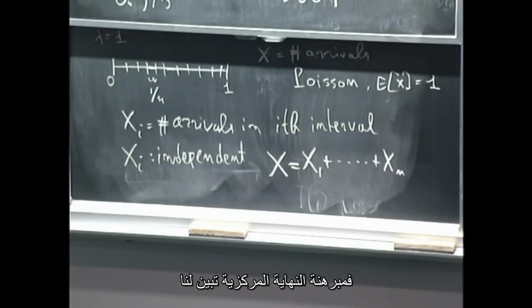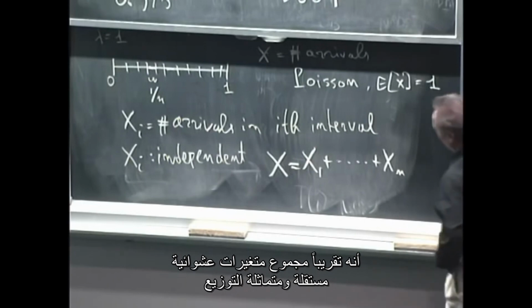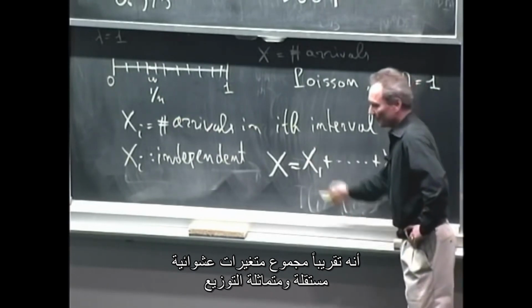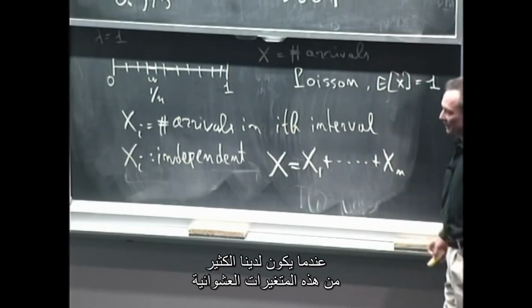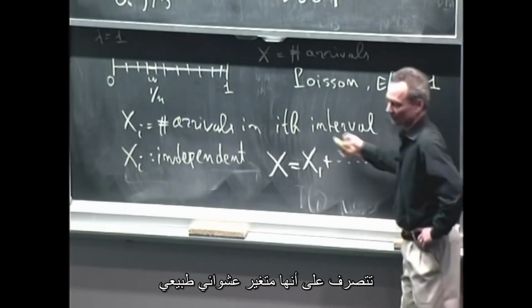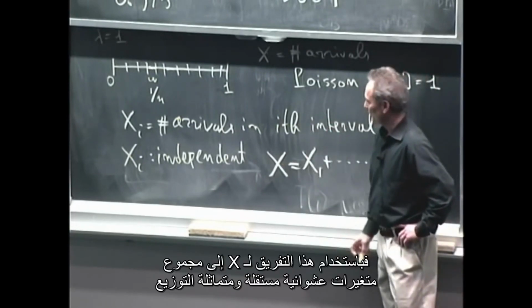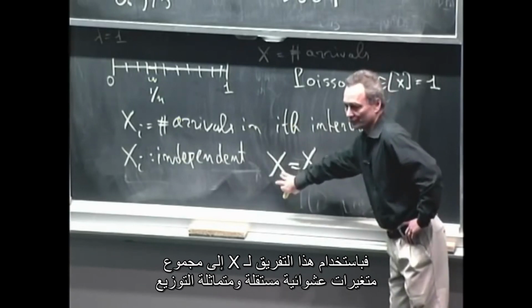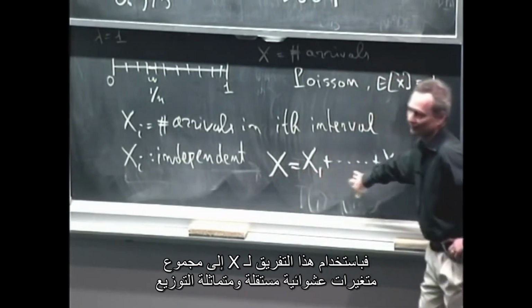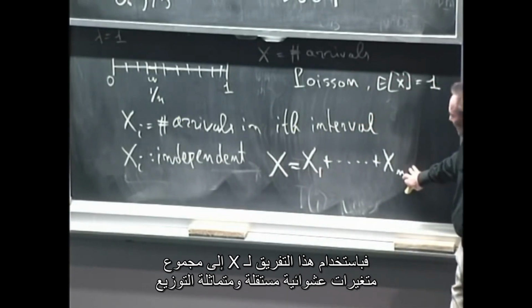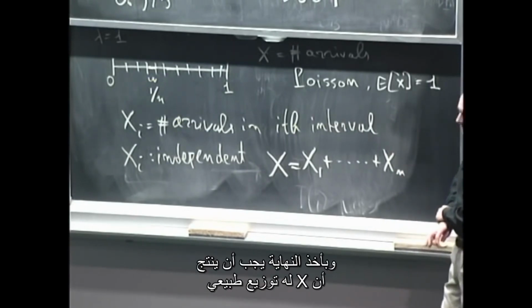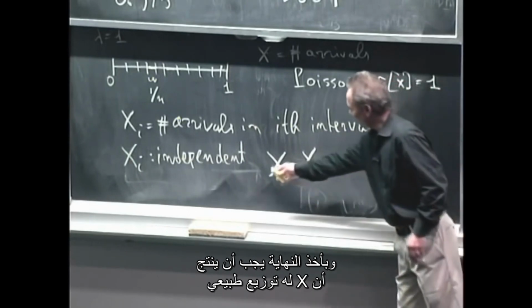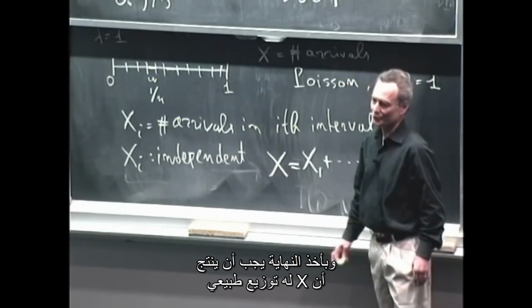So the central limit theorem tells us that approximately the sum of independent, identically distributed random variables, when we have lots of these random variables, behaves like a normal random variable. So by using this decomposition of x into a sum of IID random variables, and by using values of n that are bigger and bigger, by taking the limit, it should follow that x has a normal distribution.